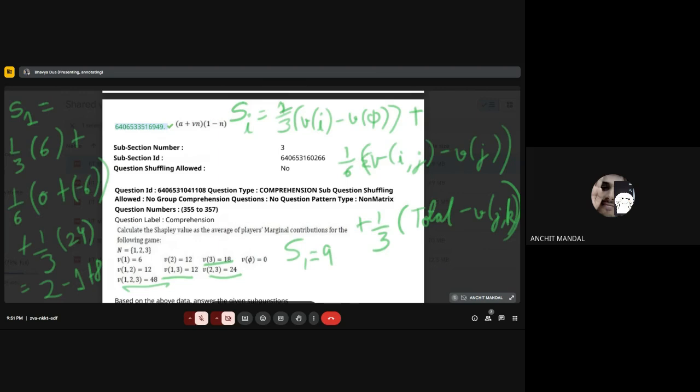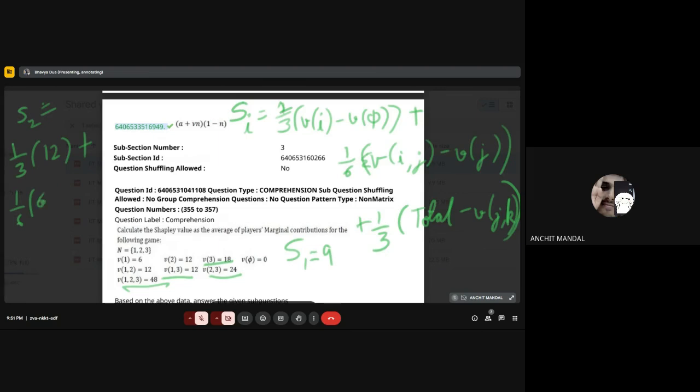Similarly, if we calculate for player 2, Shapley value for player 2 is going to be 1/3 of 12 minus 0, which is 12, plus 1/6 of 1 comma 2 is 12, of which V of 1 is 6, so 12 minus 6 is 6.